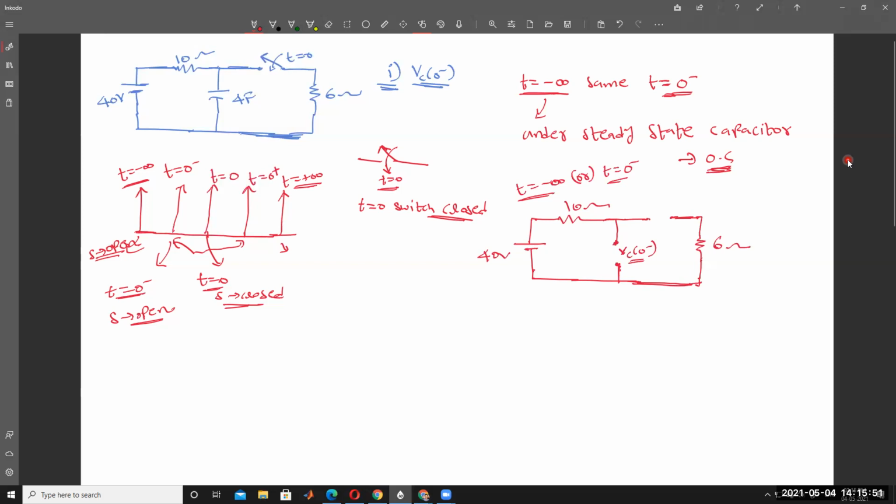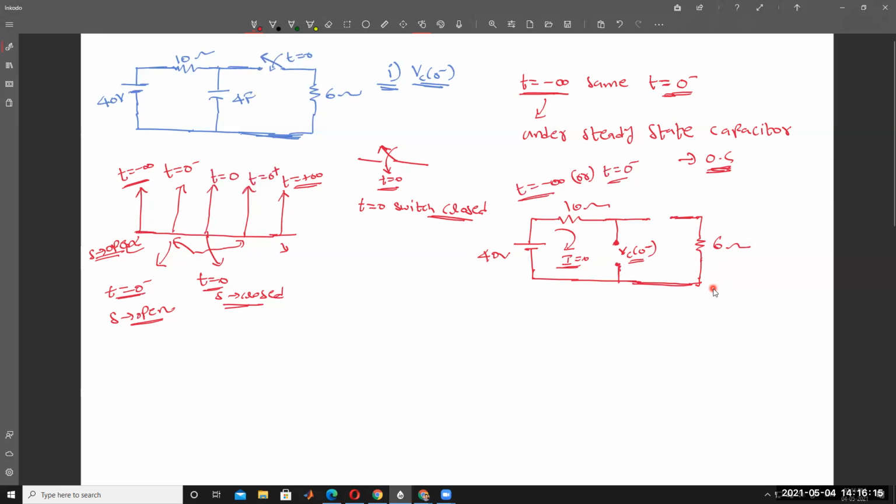For this condition the capacitor is fully charged, meaning the capacitor is open circuited. So what is the current? I equals 0, because of the open circuit no current flows in the circuit in this direction.